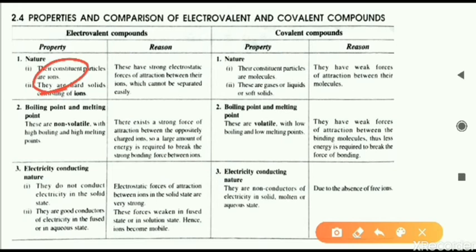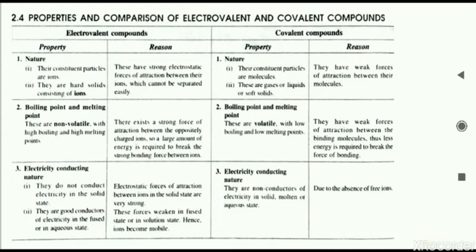Cations and anions attract each other, and as a result ionic compounds are formed. So their constituent particles are ions. On the other side, covalent compounds are not formed by the formation of ions, so their constituent particles are molecules. Ions join together to form ionic compounds, molecules join together to form covalent compounds.